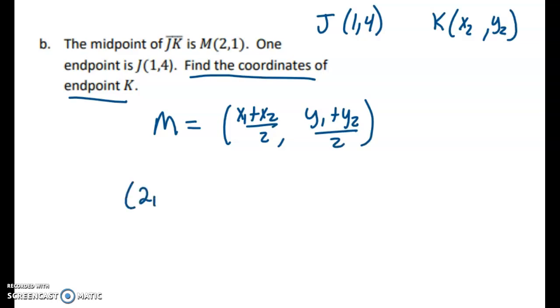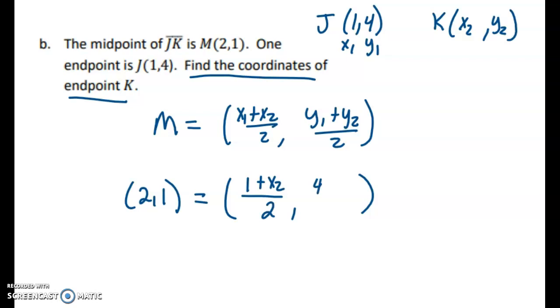All right, so then x1 is 1, and we don't know x2. y1 is 4, and we don't know y2. All right, so remember that the x-coordinate 2 is found by this portion of the equation right here.